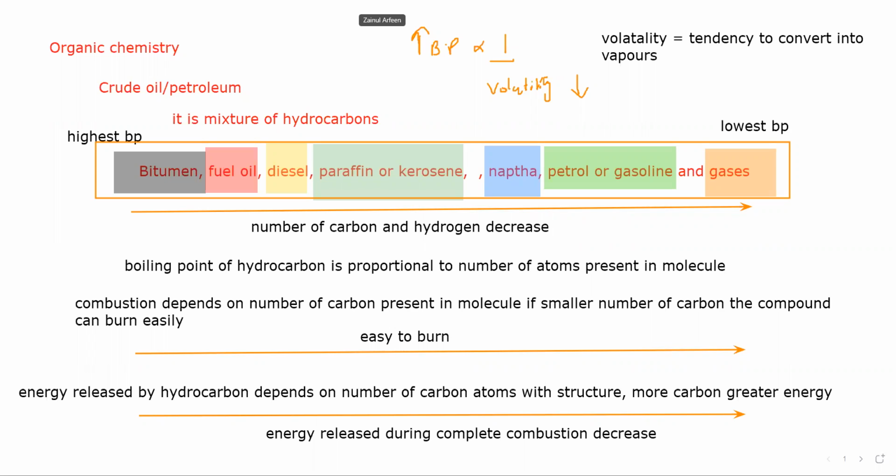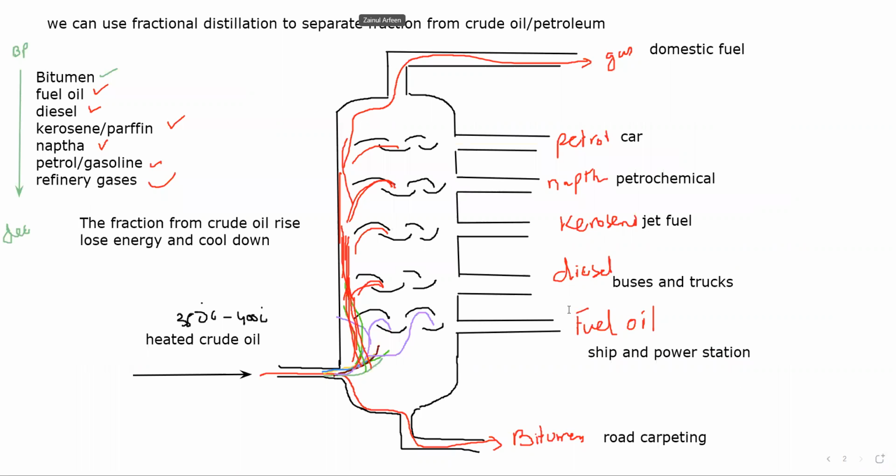But for cars, you don't find that black smoke is coming out. The reason is, unless the engine is not powerful for the car or it's too old, otherwise you will find that it does not produce a black smoke. Is it clear? So this is a fractional distillation of the crude oil.